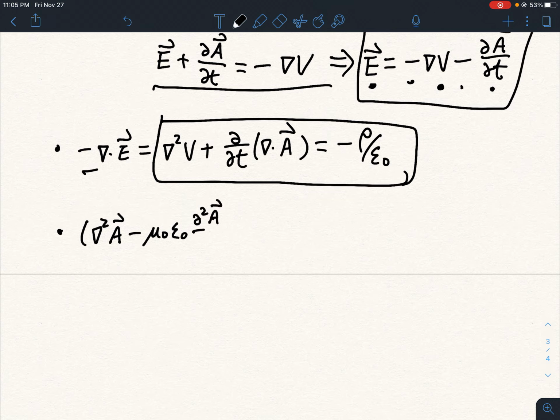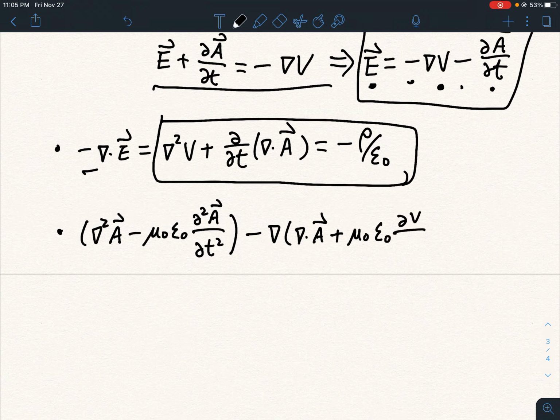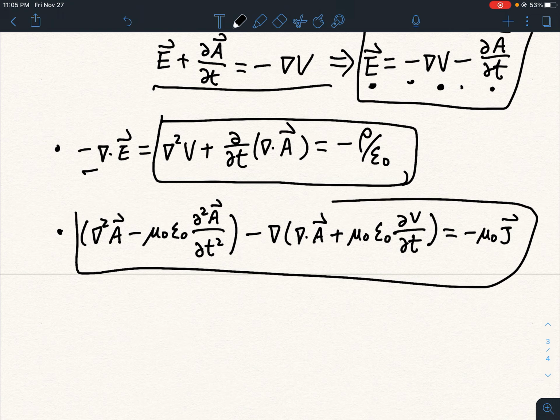You need to use some of these vector analysis formulas there. So it looks like, okay, it is a very complicated equation now.